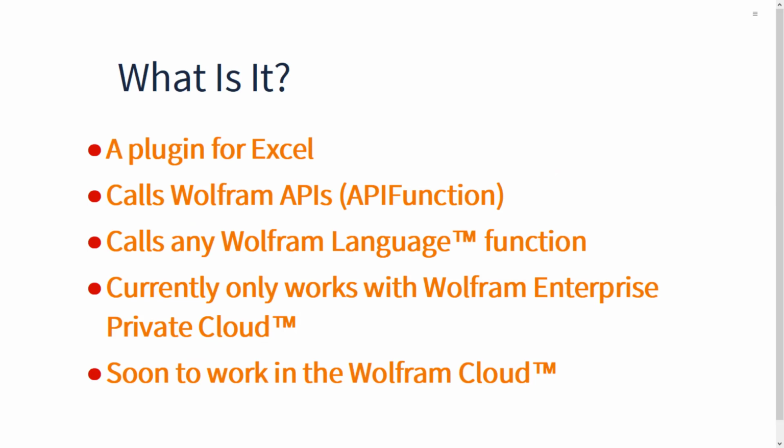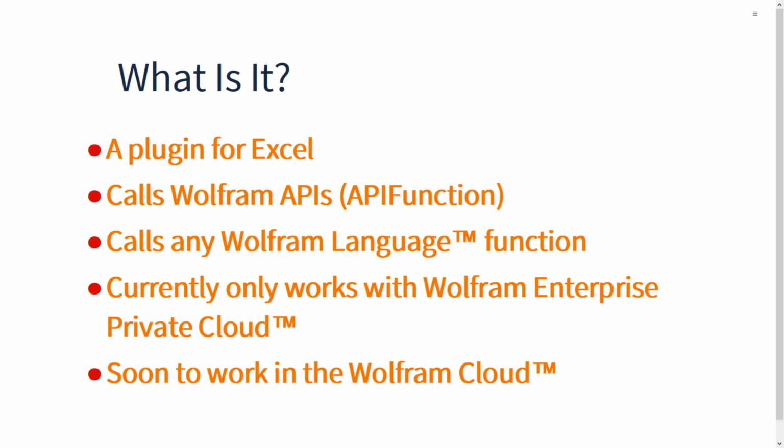So the first thing that I need to explain to you is what is the Cloud Connector for Excel? Well, it's a plugin for Excel which allows you to call APIs through APIFunction. Now, if you've watched Chad's talk, he explains what APIFunction is. There's plenty of tutorials out there to show you how to construct these, and I'll give you a brief recap on what APIFunction is in a moment.